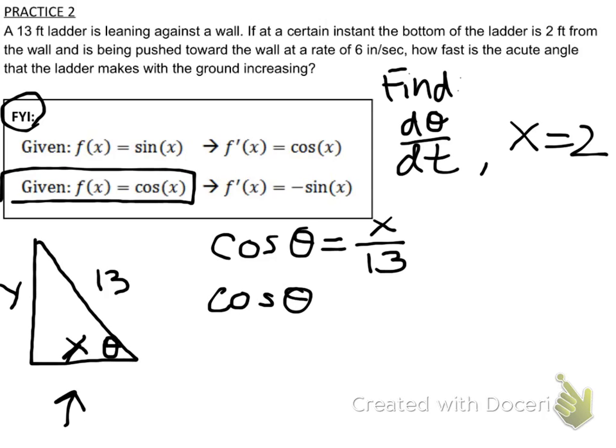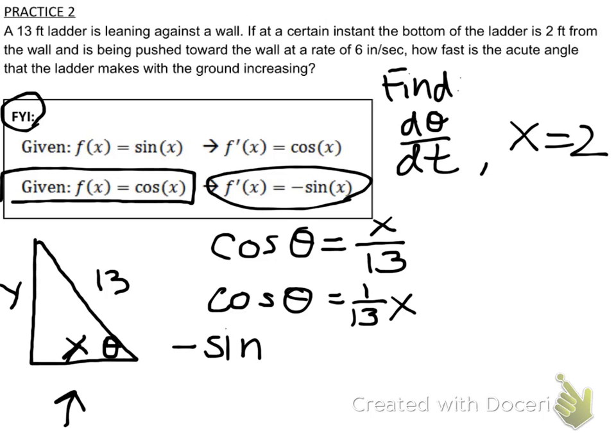Let me write that in a slightly different way before we take the derivative. I'm going to write cosine theta equals 1 over 13 x. And now I'm going to take the derivative with respect to t. So this is where this information becomes helpful. The derivative of cosine is negative sine, so I'm going to write negative sine theta.